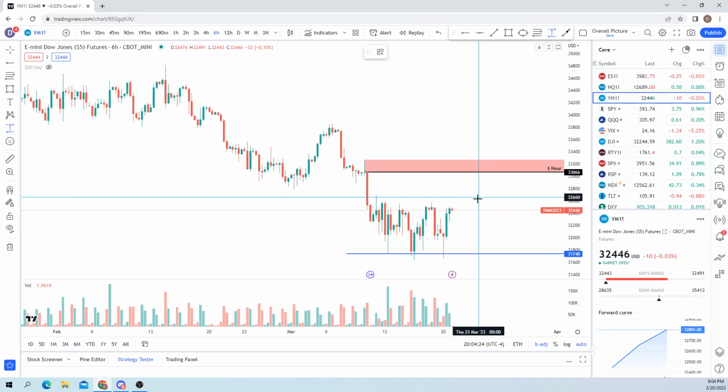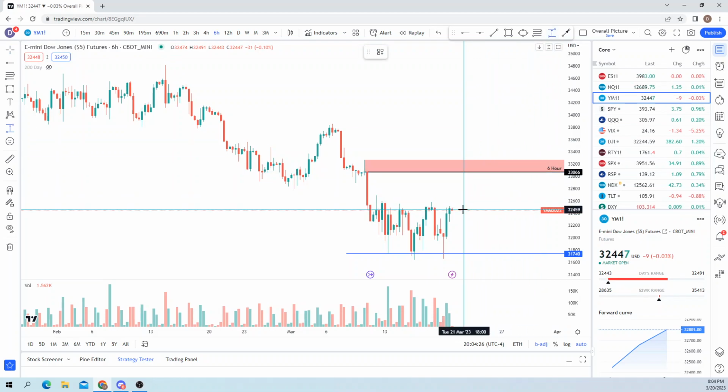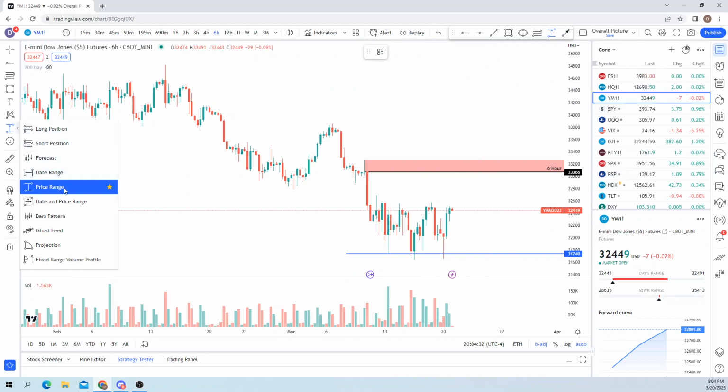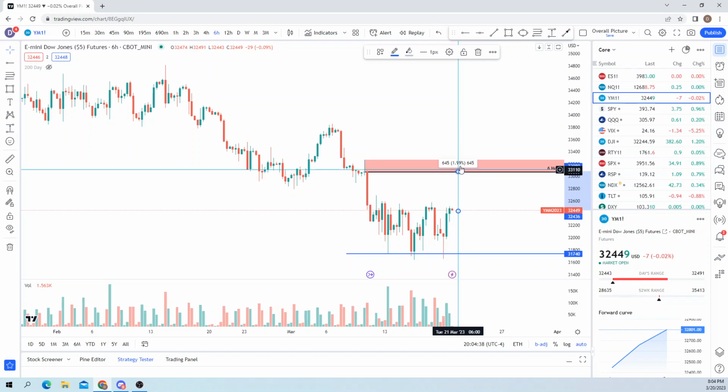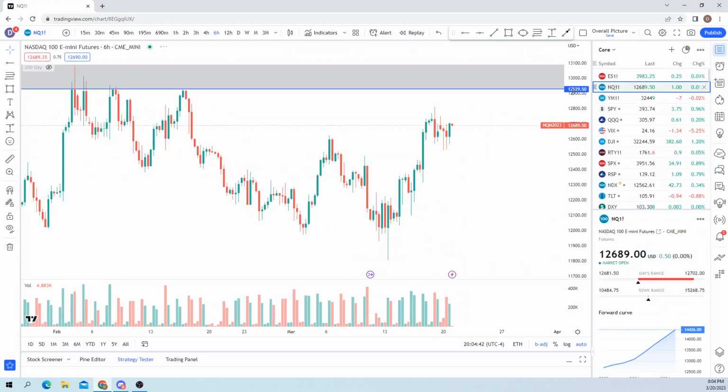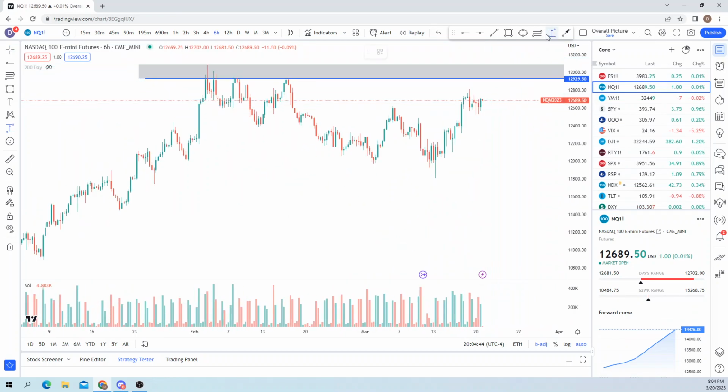And I could see that it lines up by using this measured move tool, okay? So you go in this one, and it's right here. It says price range. So essentially, from current price, the Dow is about 2% away from that supply. Same deal with NASDAQ. You'll see from current price, it's also about 2%.